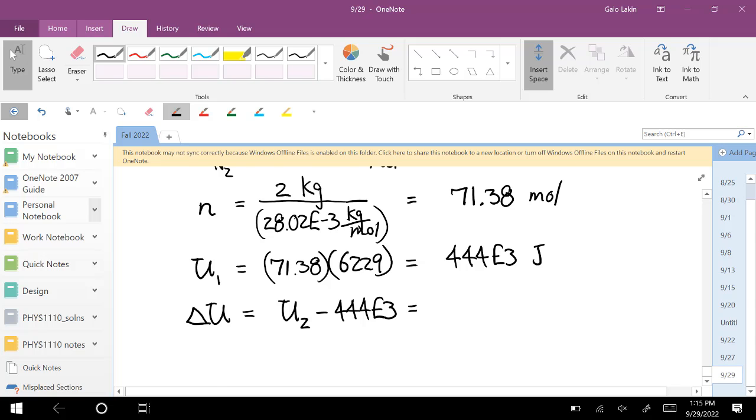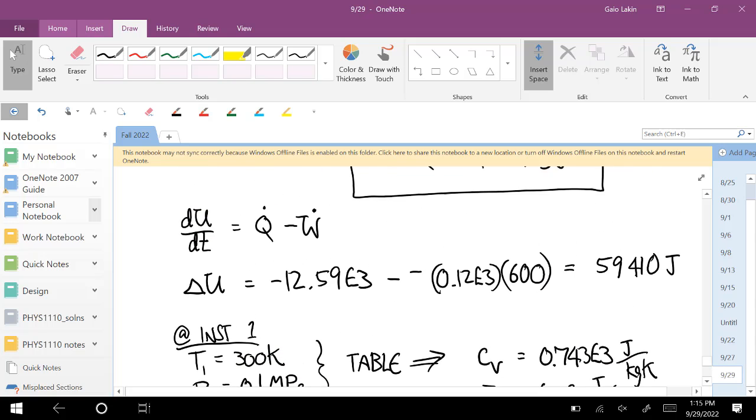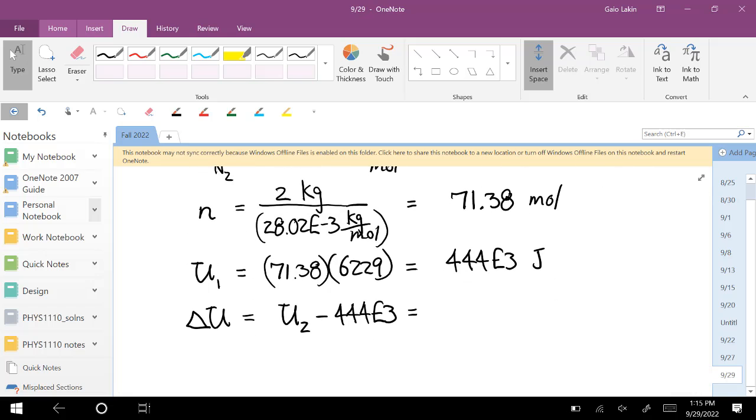And that's equal to what we calculated first, 59,410. And so the specific internal energy at the second instant is 503,410.